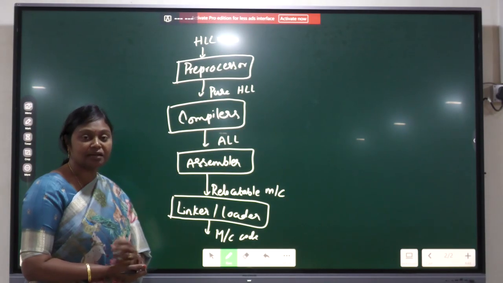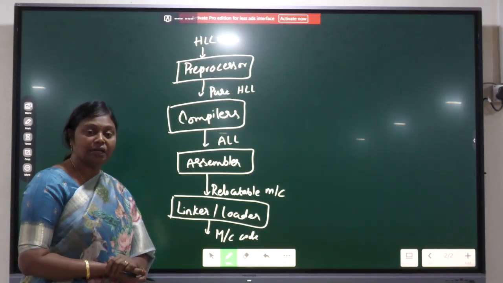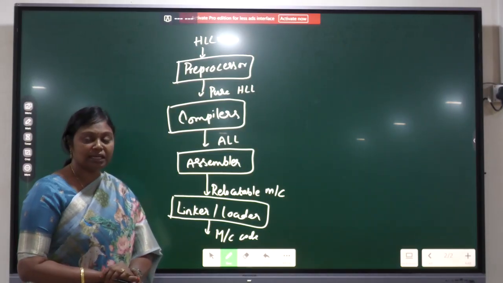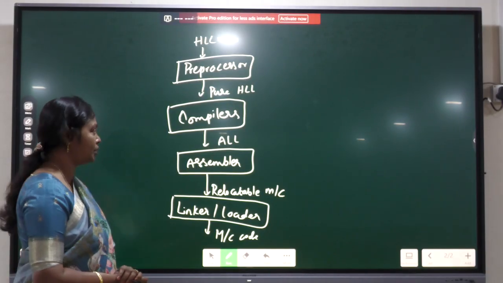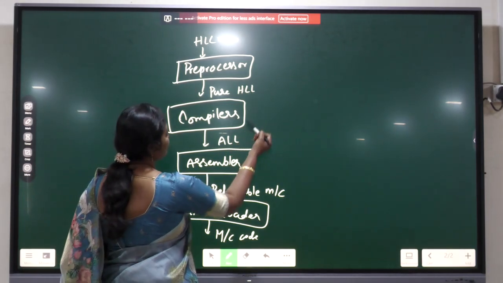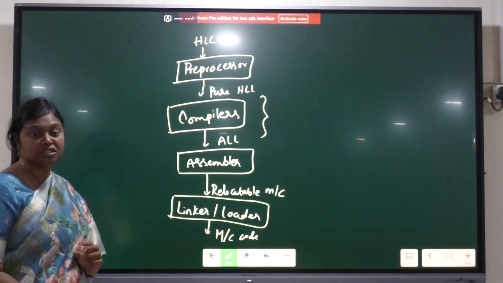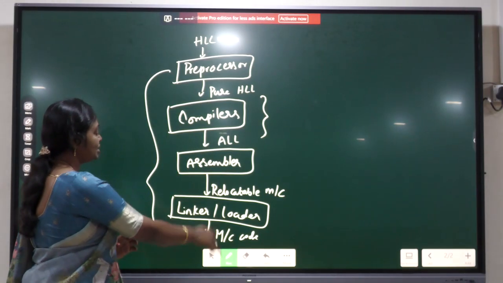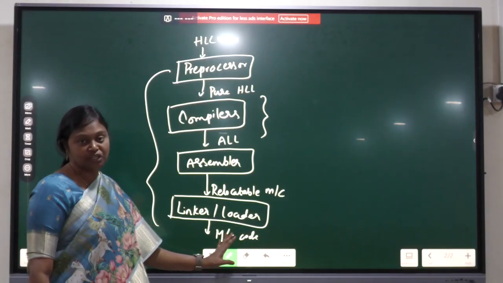The assembler will convert that into relocatable machine language code. That will be given as input to the linker and loader, and finally we will get machine code as output. So actually a compiler converts pure high level programming language to assembly level programming language. But GCC and TC do everything: the preprocessor, compiler, assembler, everything, and we get machine code as output.